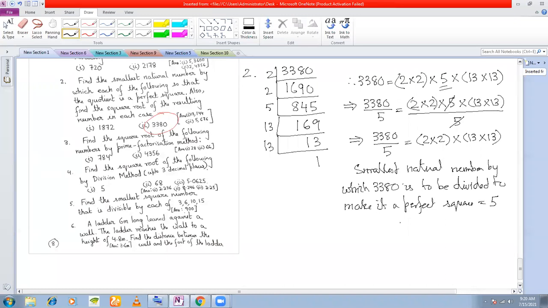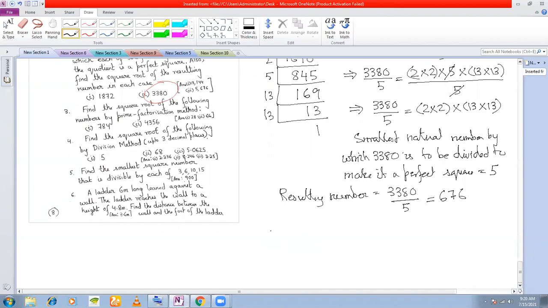It is equal to 5, right? Because we have divided both sides by 5. What is the resulting number? 3380 divided by 5. Okay, we divide this. How much will you get? 676, you are getting.